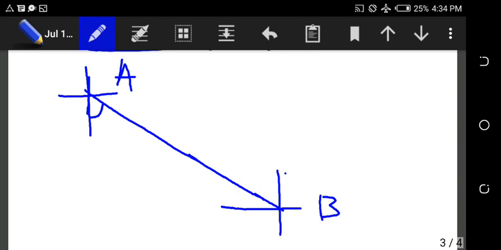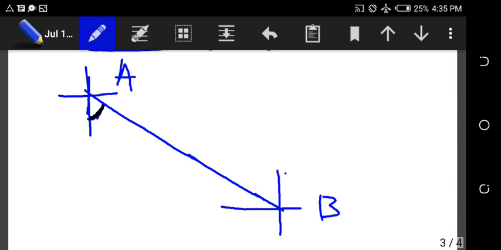All right, so when we look at this, the bearing of point B from A is the value of the angle that we have here. It depends on which type of bearing you want to use.